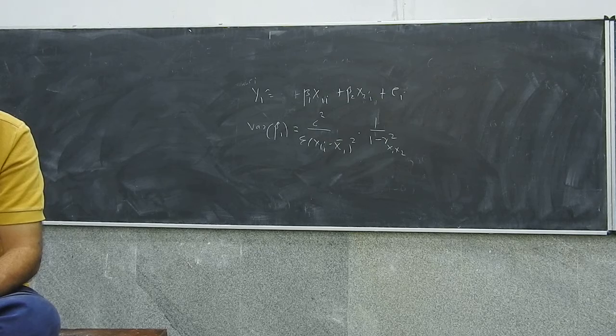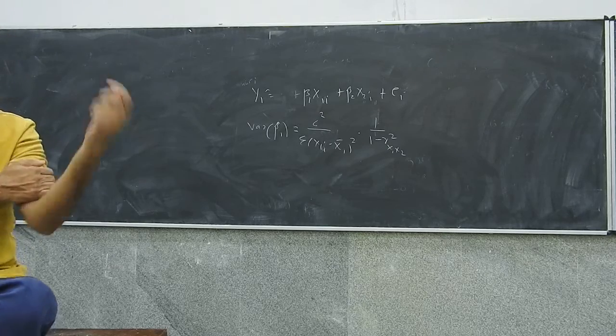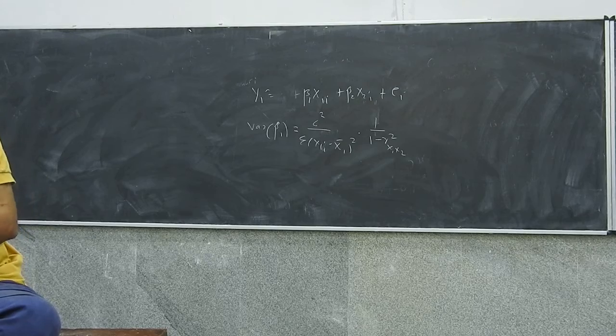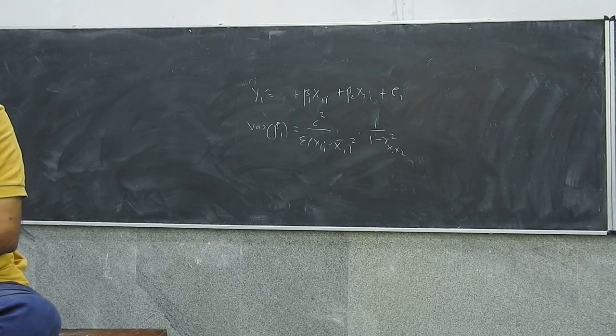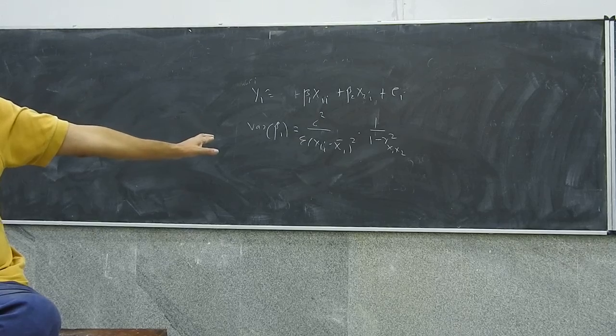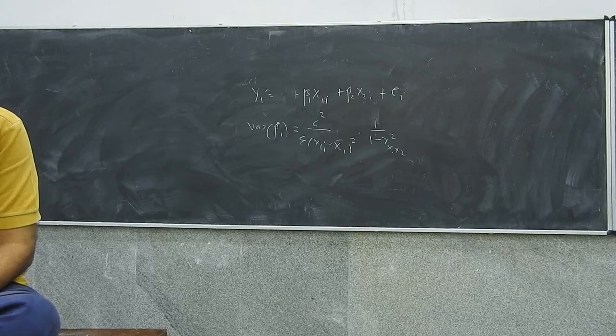Not correlated with x2. Uncorrelated. But x1 is correlated with x2. You need an IV. Suppose you put an instrumental variable for x1. What will be the relationship between the variance of beta hat 1 IV and beta hat 1? But will you then include x2 in the regression?